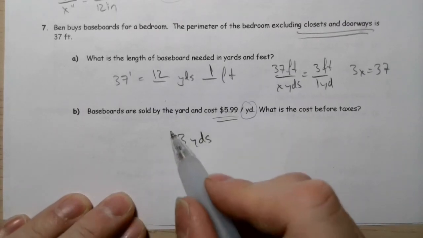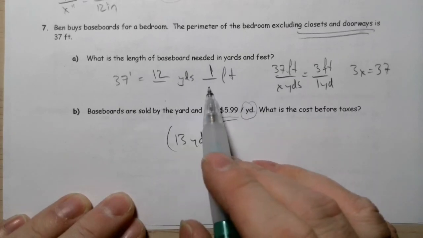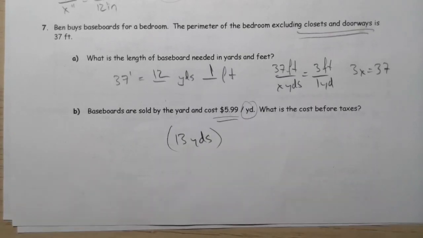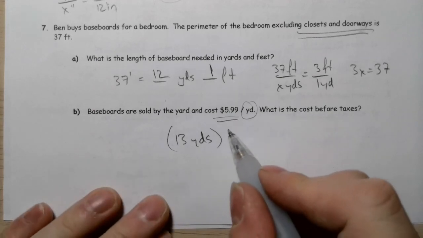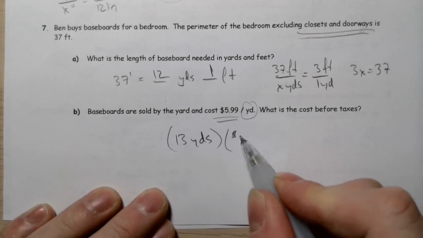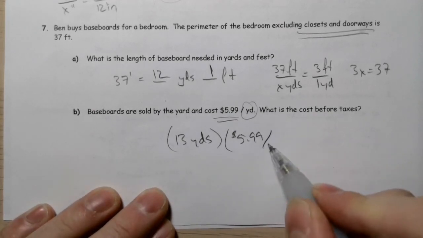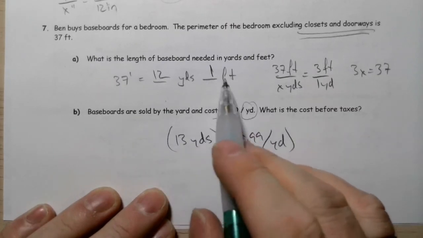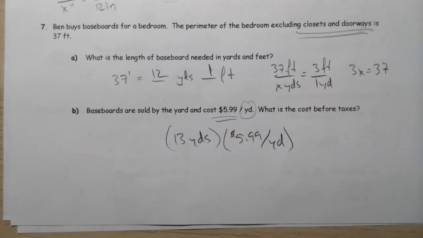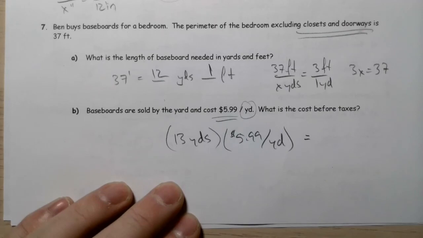Even though I only need an extra third of a yard, I need to buy 13 yards, at least. Based on the way things go when you're cutting them, you probably need to buy more than that, quite honestly, but at least 13 yards. Because they won't let you buy fractions of a yard, so am I going to have some excess? Yep, and that's just the way that goes.